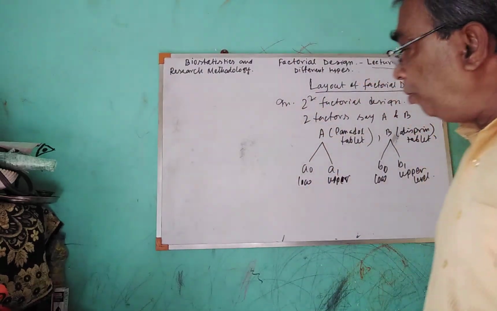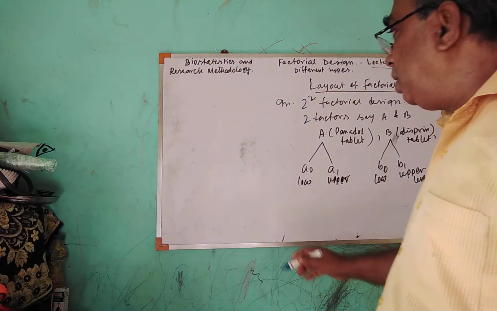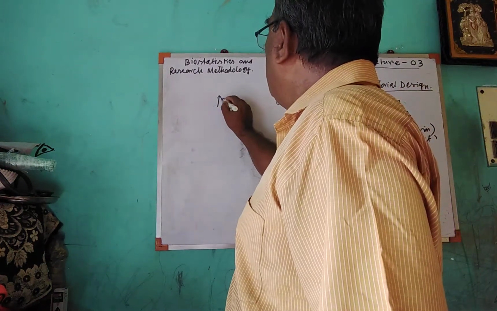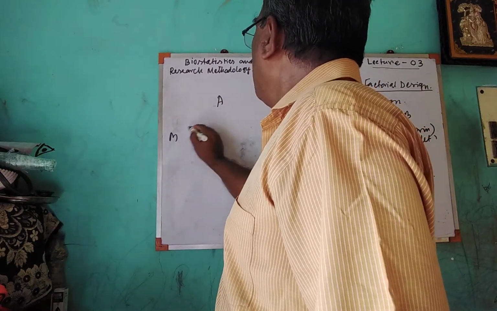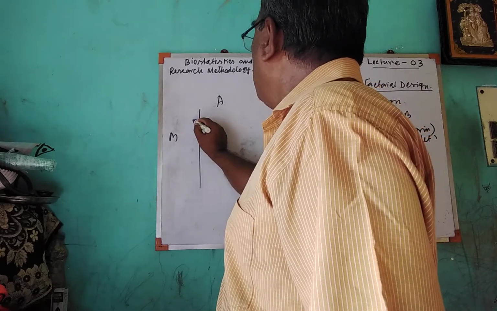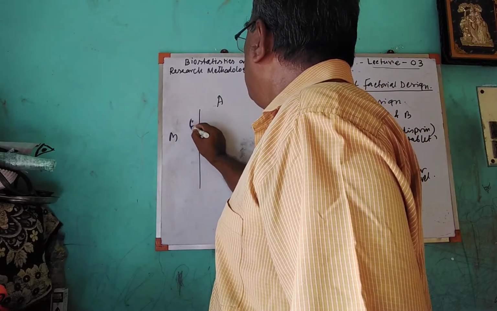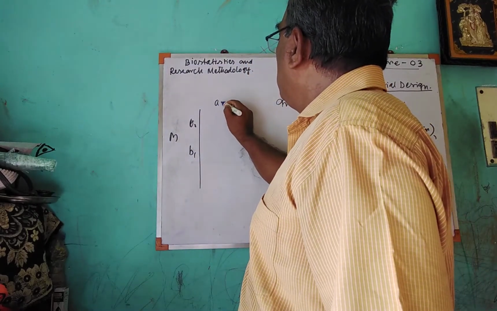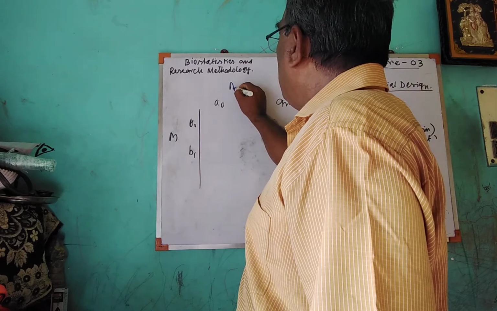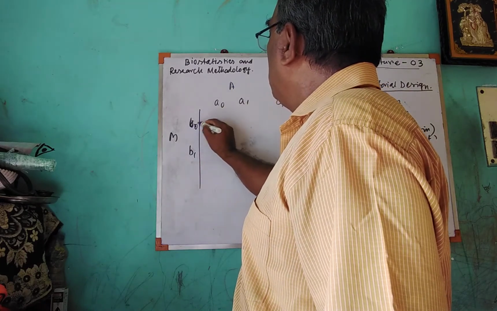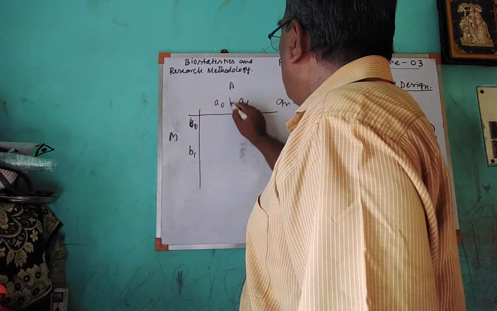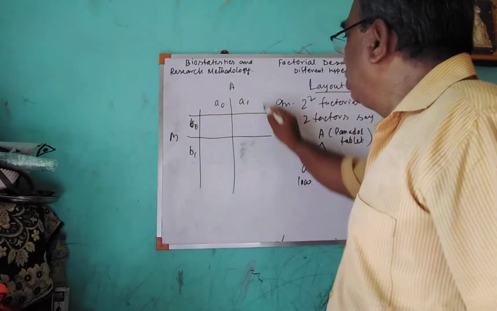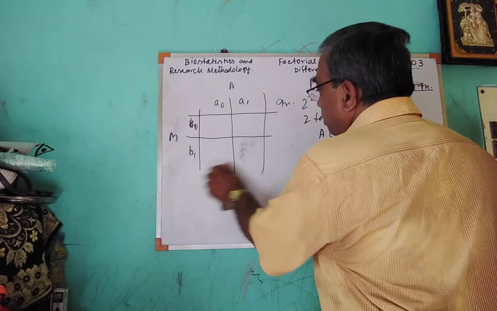So now if I write like this, suppose this is A factor, this is B factor. This is B0, this is B1. Factor A having A0, A1.